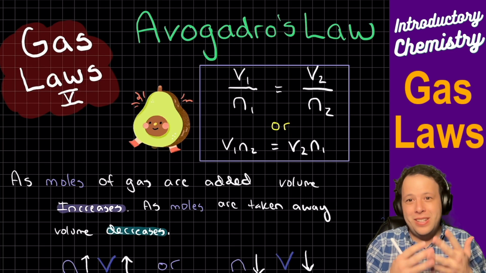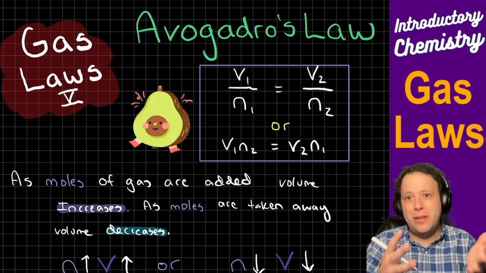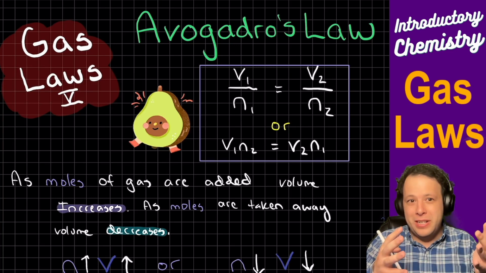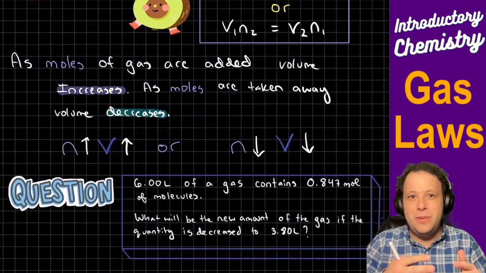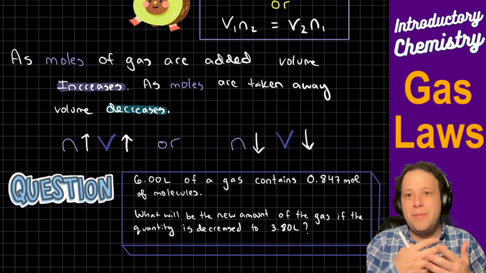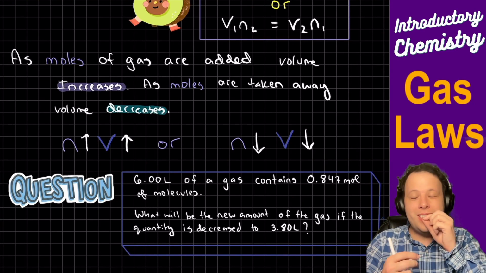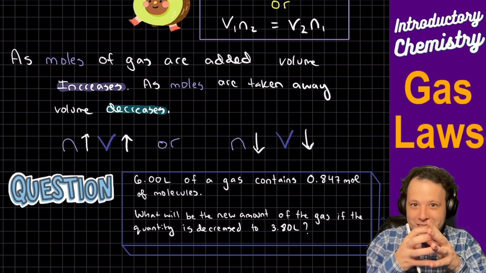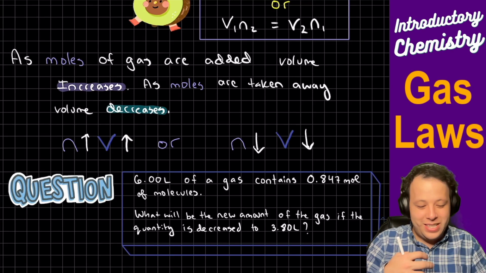So with this one, it's all about how much you're blowing up a balloon. As you add moles, it increases in size, meaning volume increases. If you suck out the balloon, it decreases in size, and moles are also decreasing.